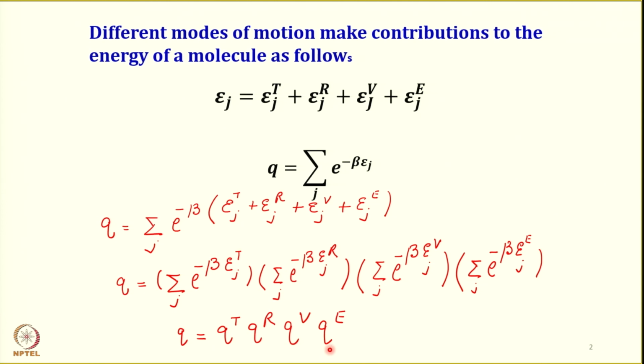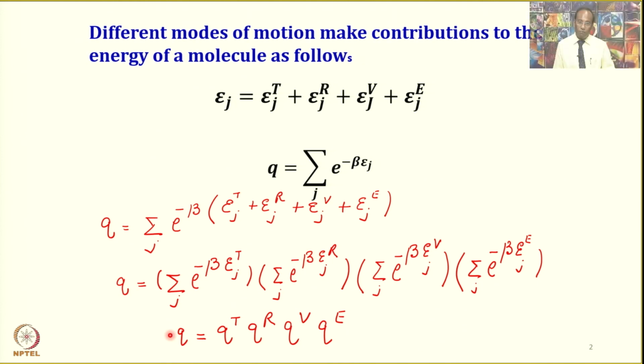I want you to pay attention to the energy expression and the molecular partition function expression. Energy is additive due to all contributions. Molecular partition function is multiplicative. A very important point to be noted. When you write energies, this is addition of translational, rotational, vibrational, electronic.